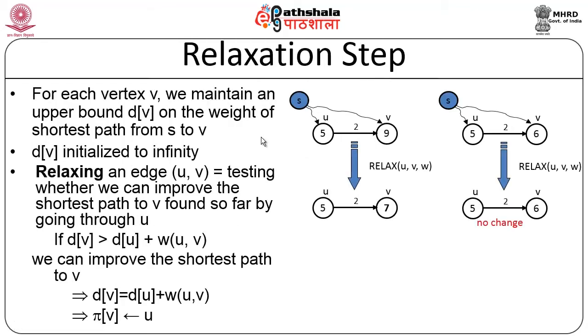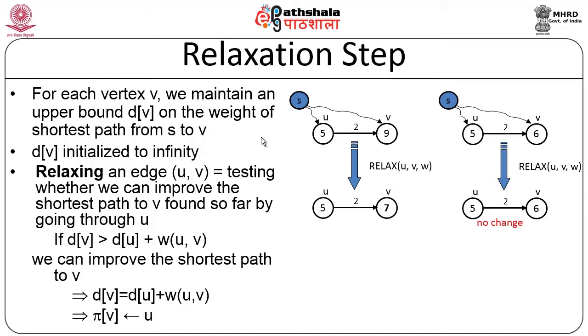Now, we go to a very important step associated with shortest path algorithms, that is the relaxation step. First we saw an initialization step. We initially assume that the estimate is infinity, and we also assume that the predecessor of every node is nil. Then we start the algorithm, and for the source node the distance is put as 0.